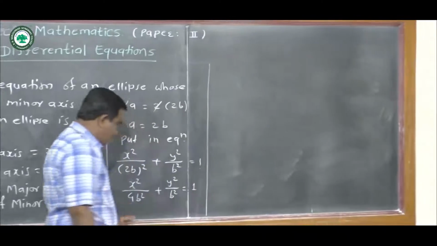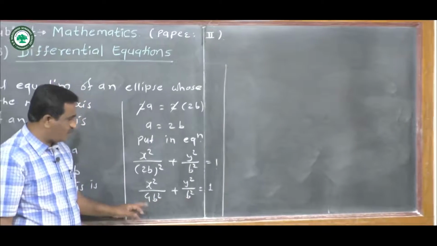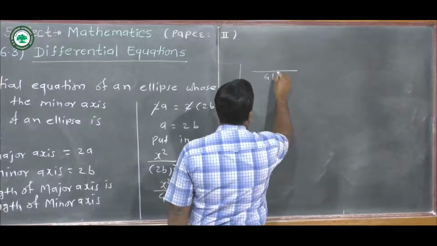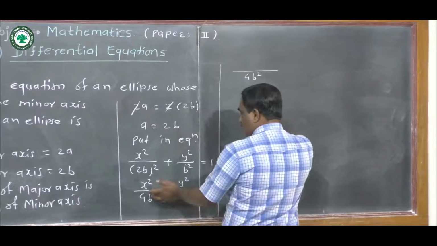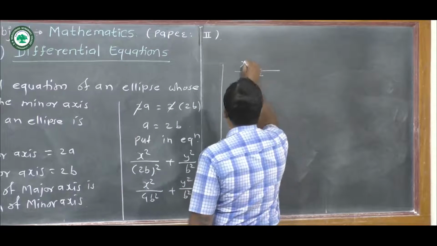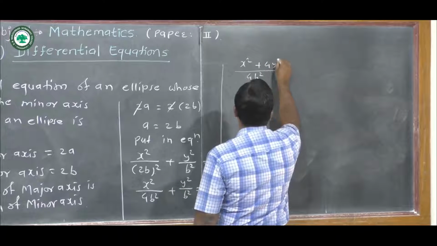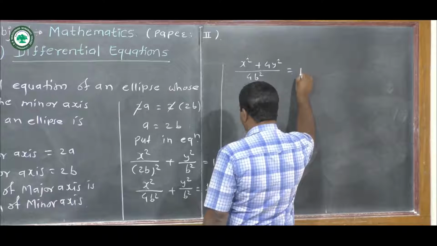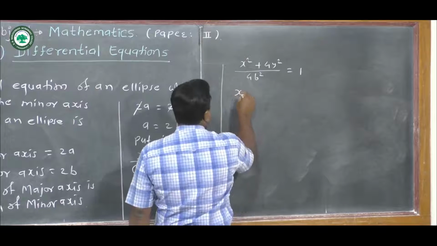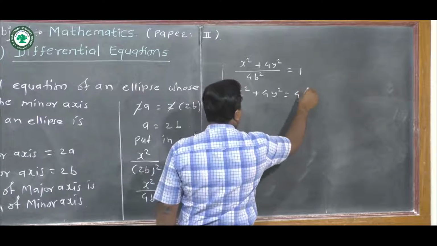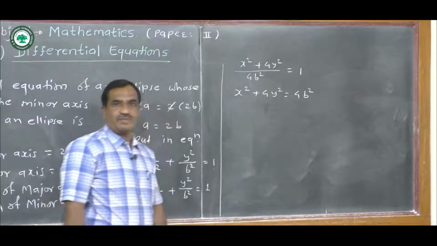Now taking LCM, it is 4b square at the denominator, at the numerator we can write x square plus 4 into y square is equal to 1. That is x square plus 4y square equal to 4b square.